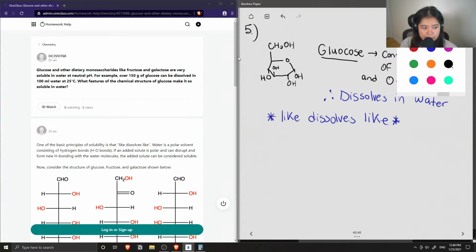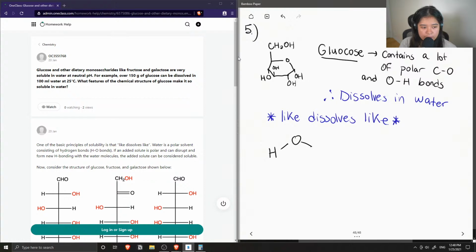So if we were to draw the structure of water, which is H2O, you'll get something like this. It has a bent configuration, and oxygen is much more electronegative than our two hydrogens.